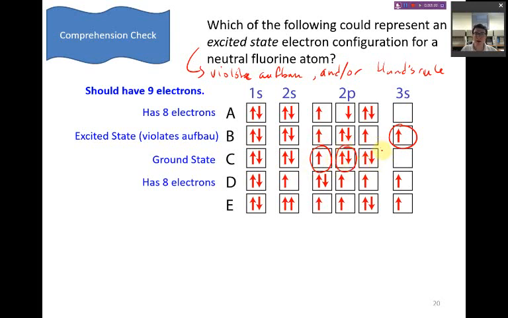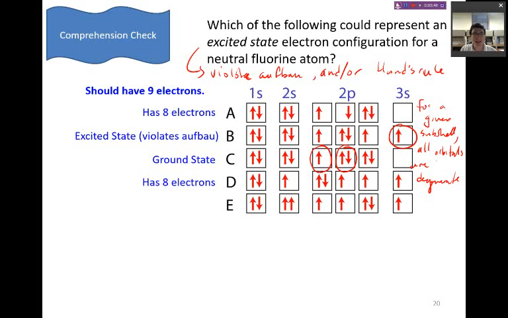Remember that for a given subshell, all orbitals are degenerate. So this 2p orbital on the left is the same energy as the 2p in the middle, which is the same as the 2p on the right. And so it doesn't matter which one we say we've filled up first.